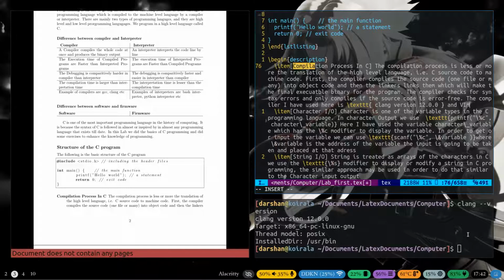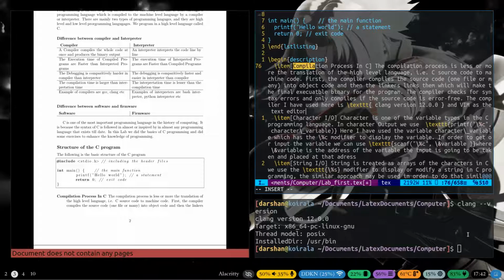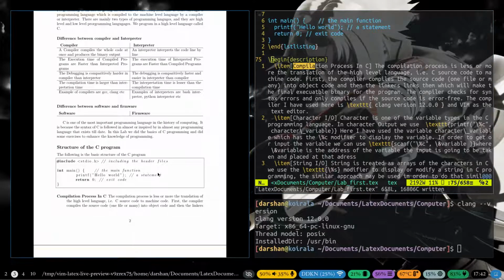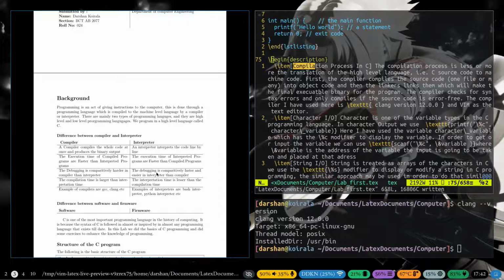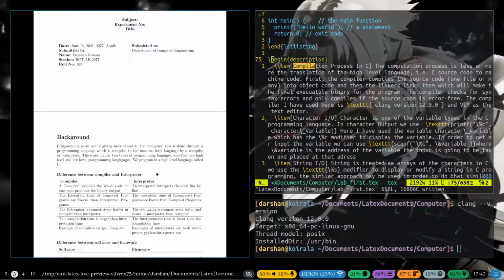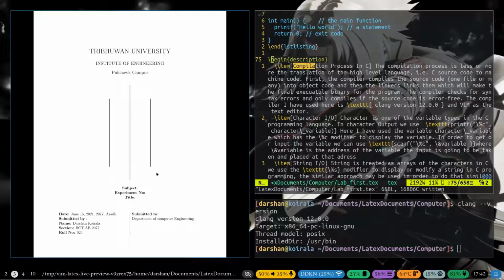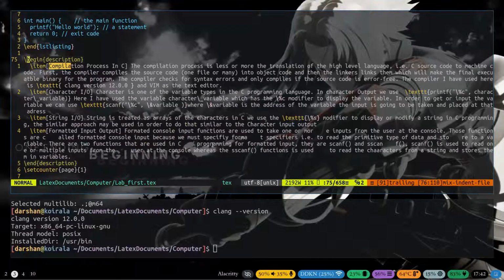And then the text editor. And I think I'll save it. I have to quit it.